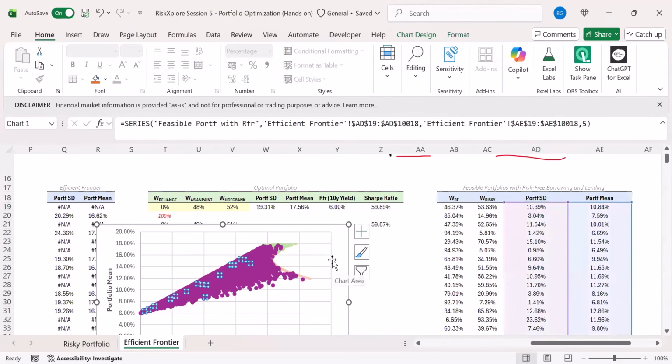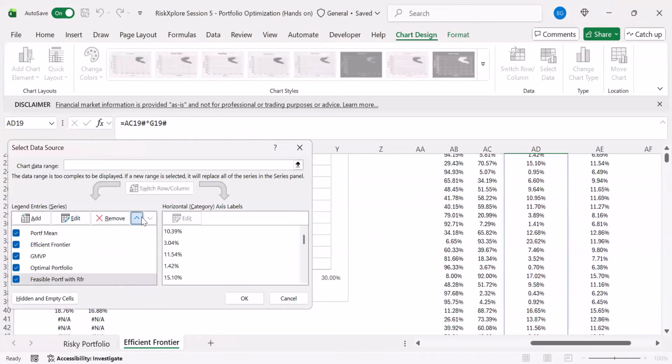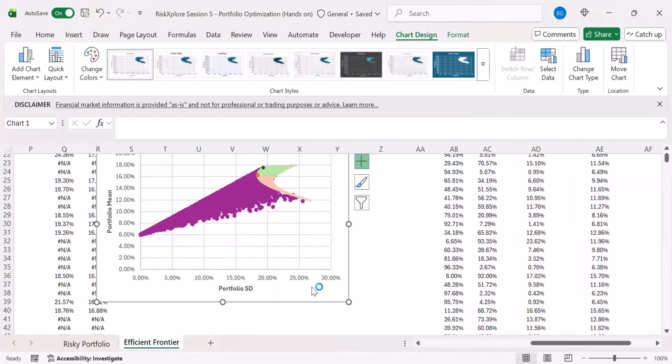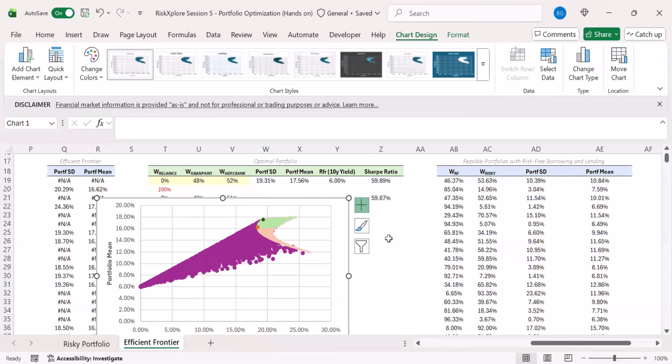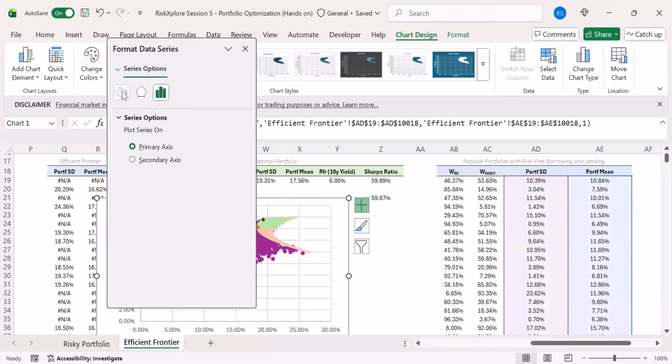So now we have all the feasible portfolios here, combining risk-free rate with risky portfolio. And now let's do one thing. Let's go to chart design tab again, and let's move this up here so that we can see the other things being plotted as well. So let's press Control 1 in order to edit this.